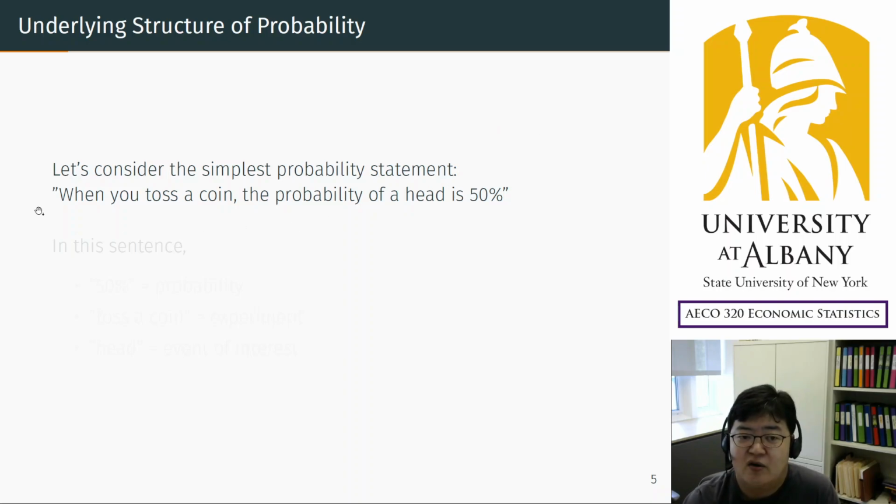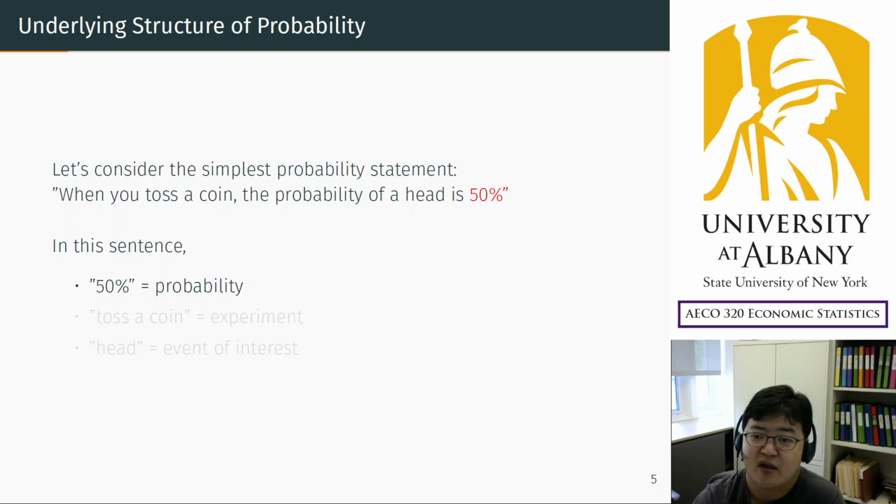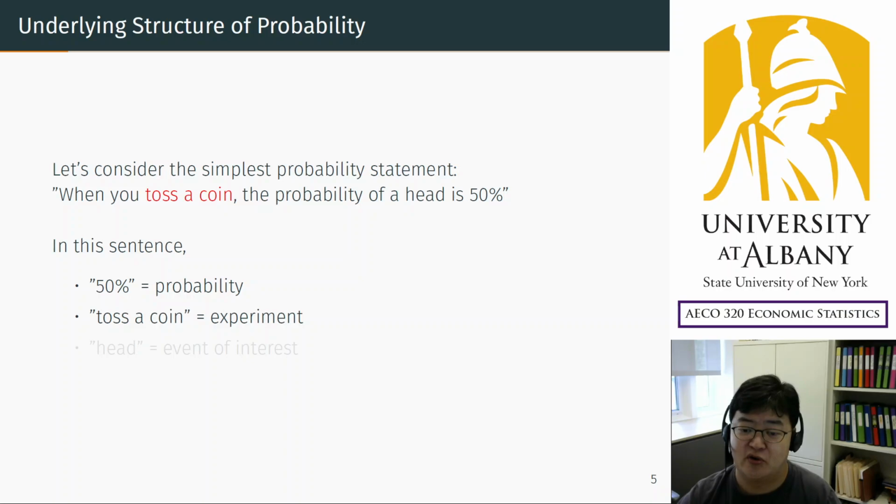Now let's delve into what kind of structures are behind this sentence. In this sentence, three essential components of probability are, first, 50%. So this is the probability, not a problem. Also, you defined an experiment. When you talk about probability, you have to define the underlying experiment, where the probability is coming from.